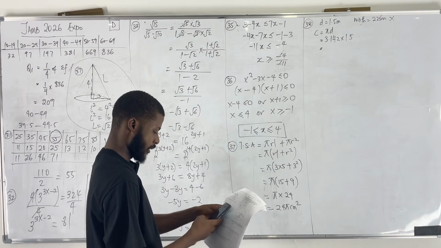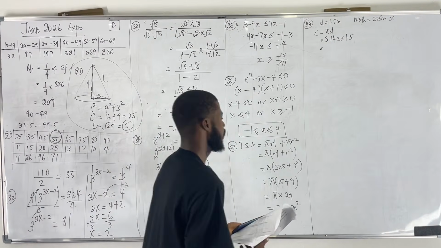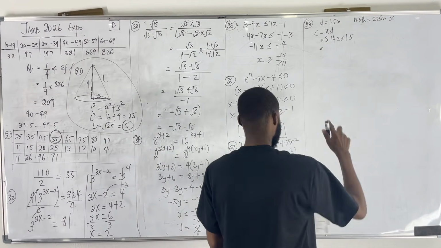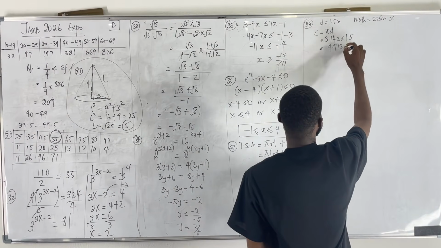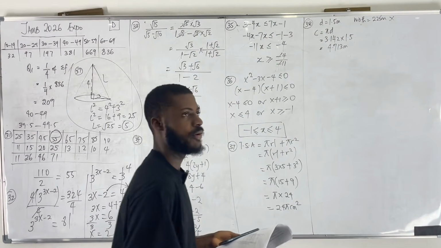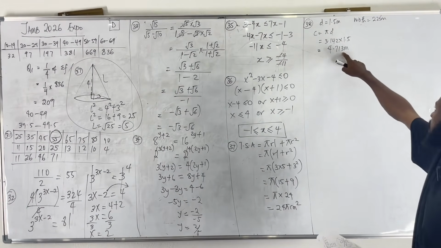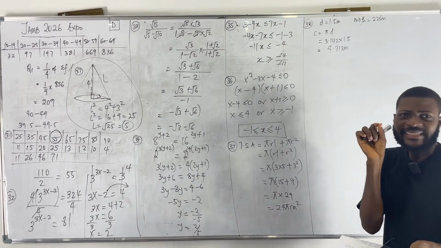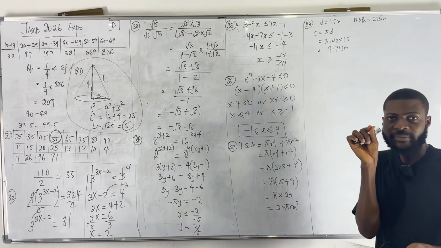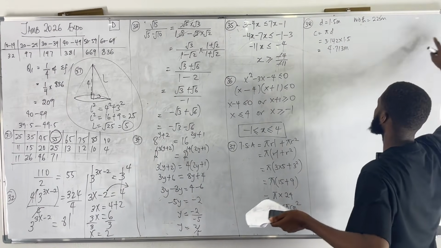3.142 times 1.5 will be 4.713 meters. So that's the circumference of the roller. Now, this is just one tiny meter, but then the roller is 225 meters wide.